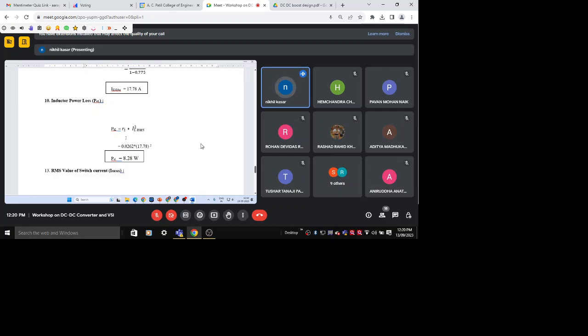This is 8 point, and the last conduction loss, I square R losses.